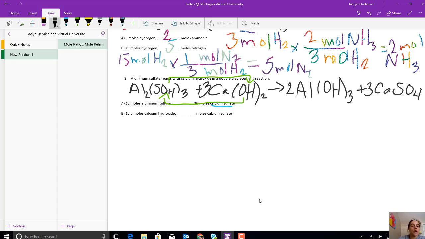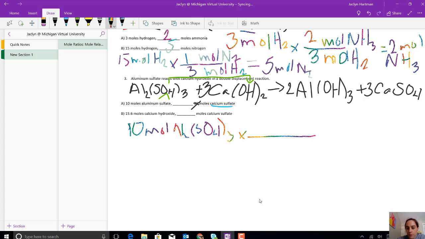All right, part A. We have 10 moles of Al2(SO4)3, and I want to know how many moles of calcium sulfate. I think I wrote the answer in actually. Yep, I did. Okay.